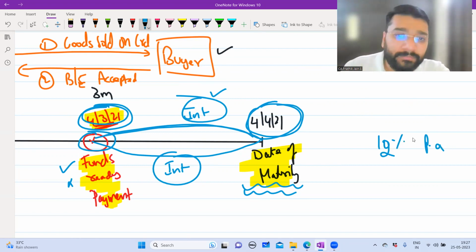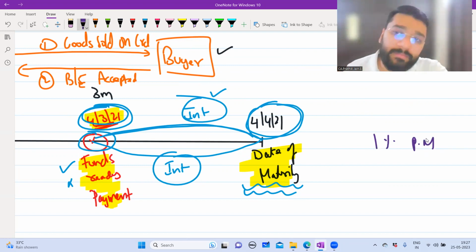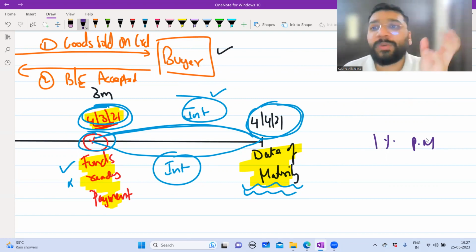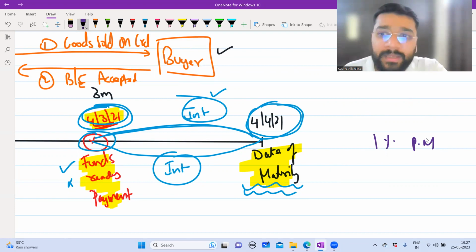This 12% per annum means 1% per month. If your earning is 12% per annum, then the interest is 1% per month. Correct, no? 12 by 12.